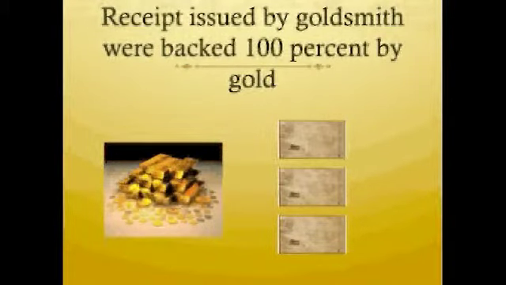Receipts issued by goldsmiths were backed 100% by gold. If a goldsmith had 100 ounces of gold in his safe, he would issue receipts for 100 ounces of gold.